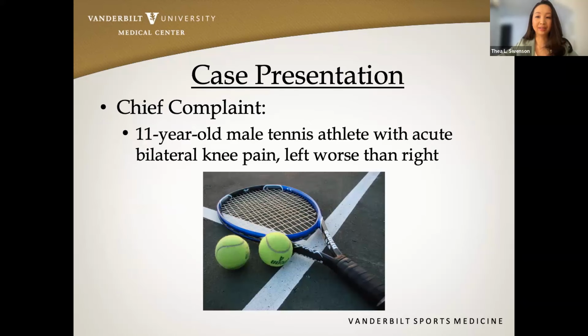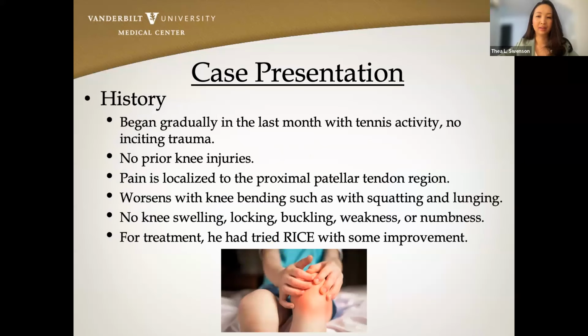We will start with our case, which is that of an 11-year-old male tennis player who presented with acute bilateral knee pain. The pain was worse on the left than on the right, and the symptoms were limiting his ability to play tennis, especially in tournaments. The knee pain began gradually over the last month, and it seemed to be related to tennis activity. There was no inciting trauma. He had no prior injuries or other knee conditions.